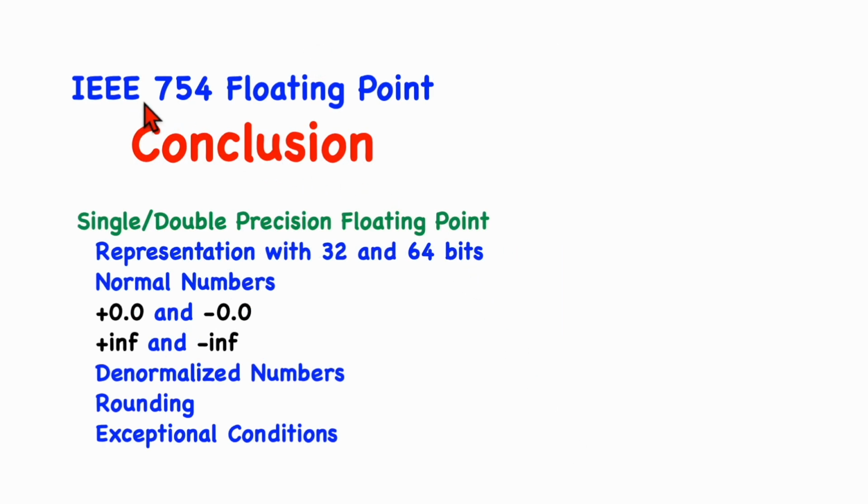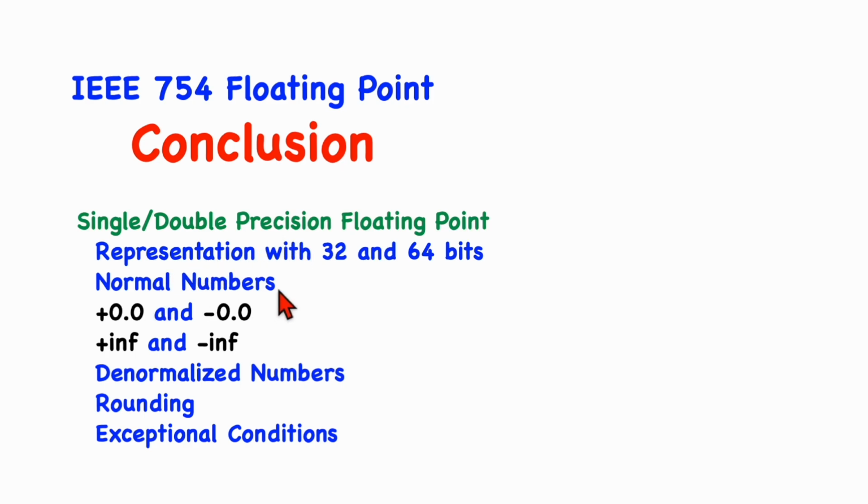So to conclude this video, I gave an introduction and overview of the IEEE 754 floating point standard. In particular, I talked about single and double precision floating point values. And I showed how they were represented with bits, either using 32 bits for single precision or 64 bits for double precision values.